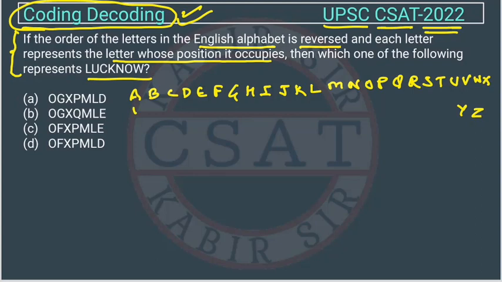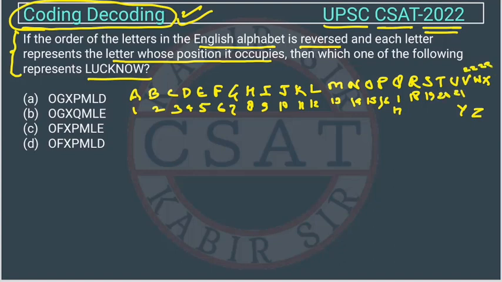And you can also do the numbering: 1 2 3 4 5 6 7 8 9 10 11 12 13 14 15 16 17 18 19 20 21 22 23 24 25 26. The question is saying this is the alphabet and this is the position of each letter. Now they have reversed it, so at the first position there will be Z, and at the second position there will be Y. So we will write it in reverse order.